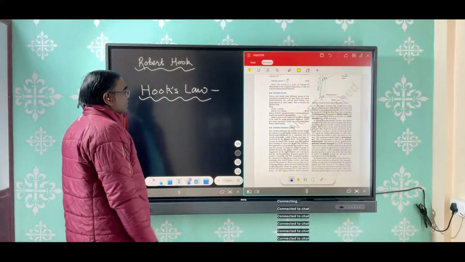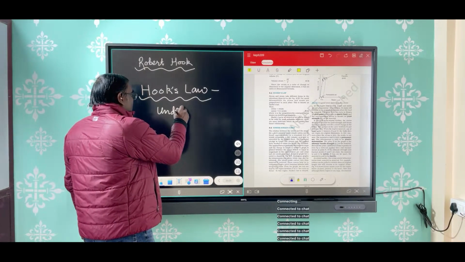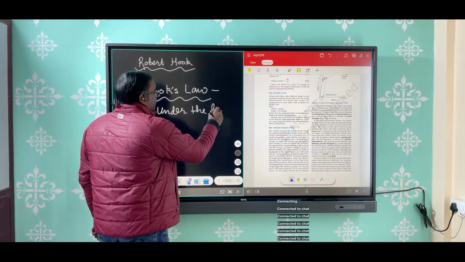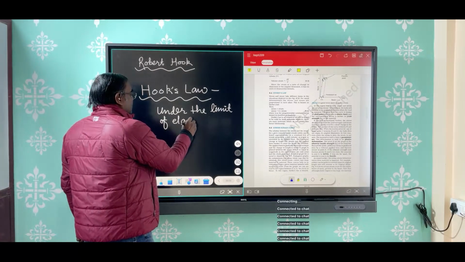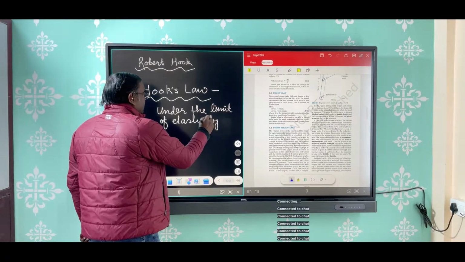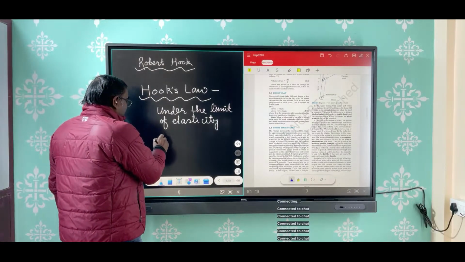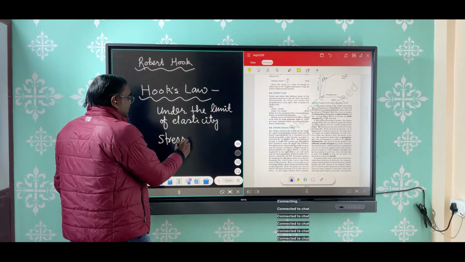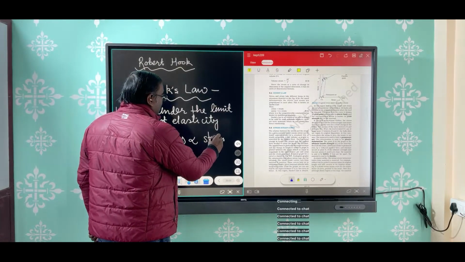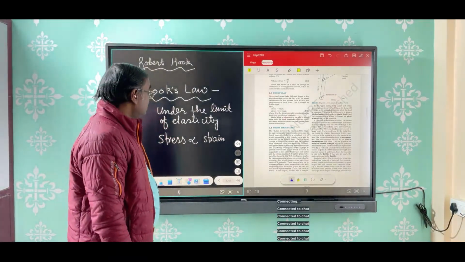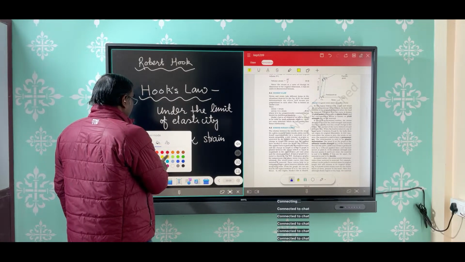As per Hooke, he stated that under the limit of elasticity, or elastic limit, applied stress is directly proportional to the strain produced in the body or the material. So this is Hooke's law.